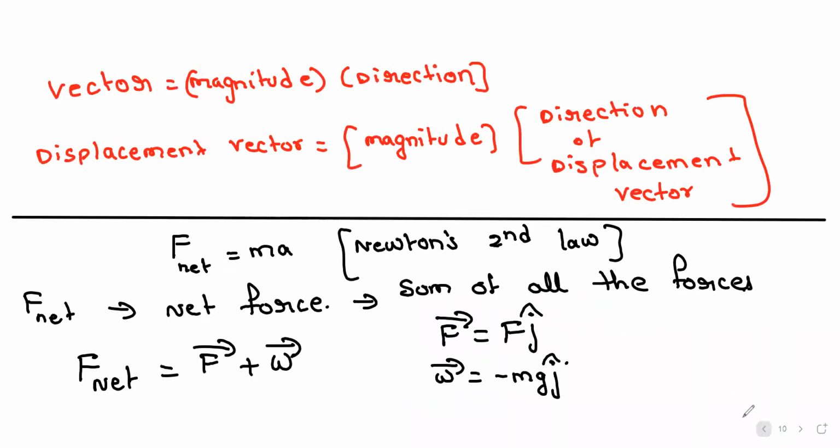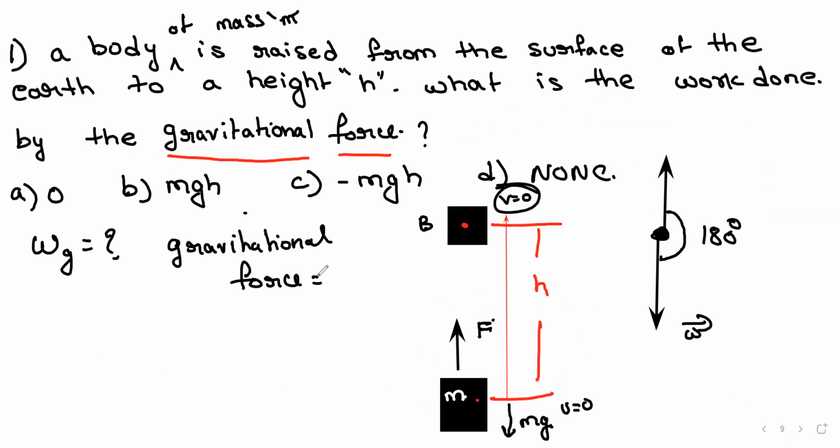Now look here. So what is gravitational force? mg, sir. Yes, weight. So gravitational force is weight, and weight is mg. So we have to find work. What do we have to find here? Work done by gravitational force.